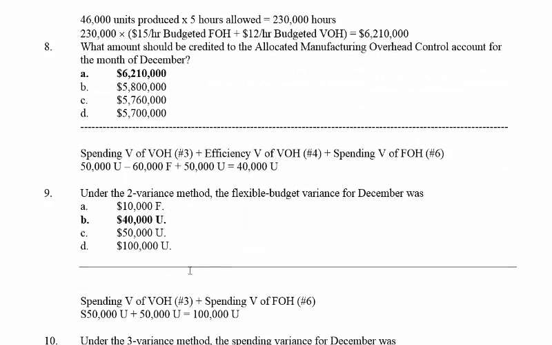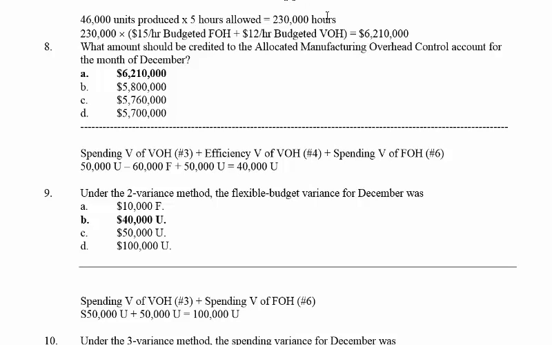Let's look at number 8. They want us to answer what amount should be credited to the allocated manufacturing overhead control account. For each unit produced, we're going to multiply it times 5 hours allowed, which equals 230,000 hours allowed.